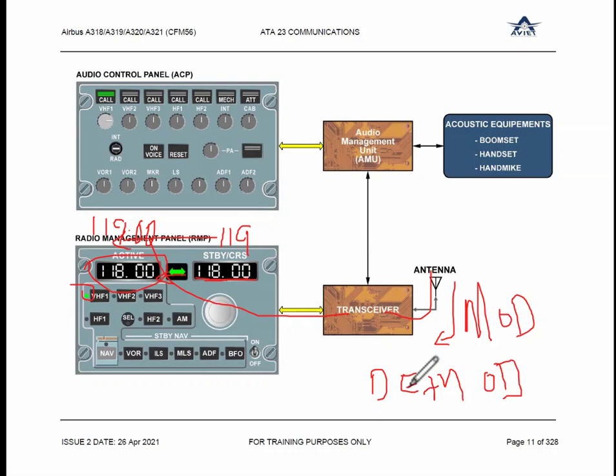Why do we use modulation and demodulation? It's electronic processing. If you send the signal outside, you have to mix your audio frequency with the carrier frequency. When we are receiving carrier and audio frequency, we have to remove the carrier frequency.